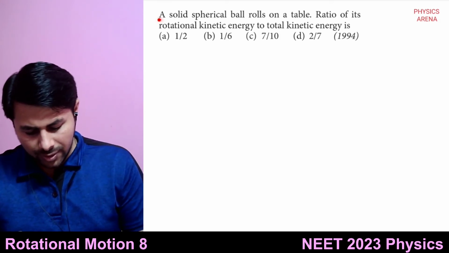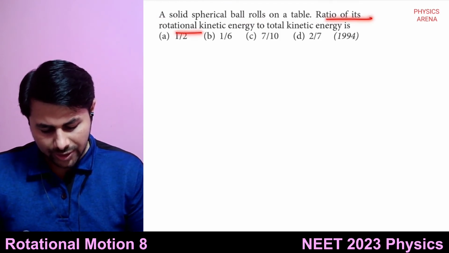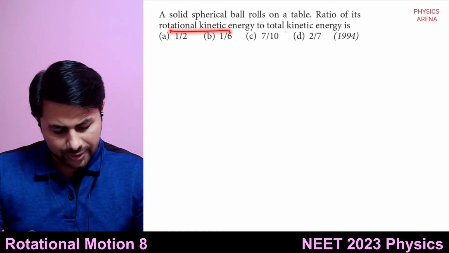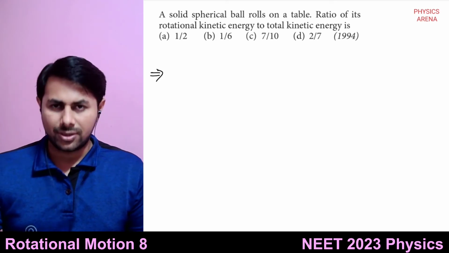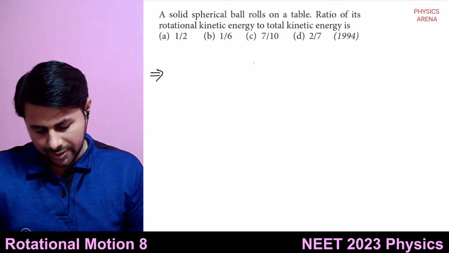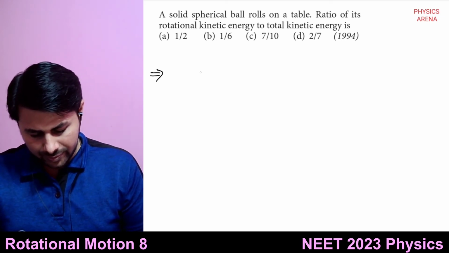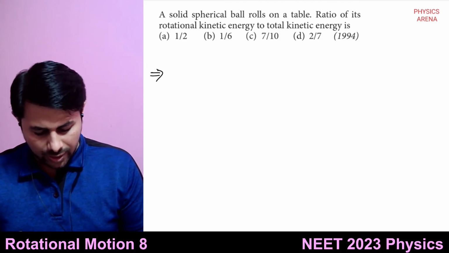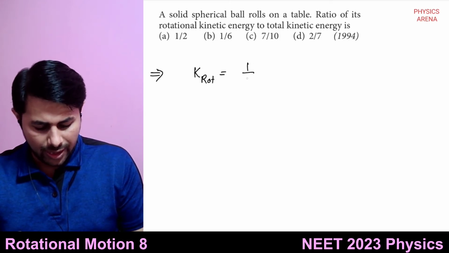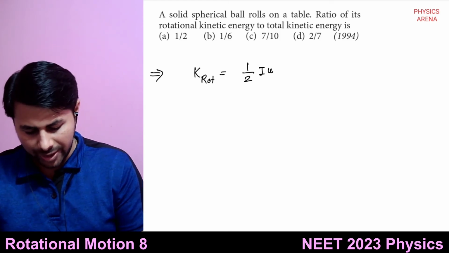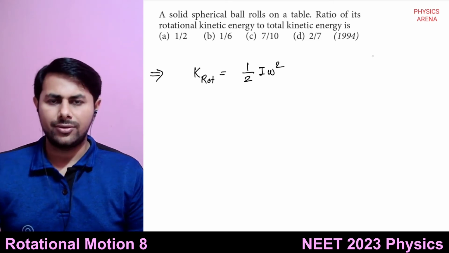Next one, a solid spherical ball rolls on a table. The ratio of its rotational kinetic energy to total kinetic energy is. Again, this is also a simple question. What is rotational kinetic energy? There is a solid spherical ball which rolls on a table. We can say its kinetic energy of rotational motion is equal to half I omega square, and I is equal to mk square.